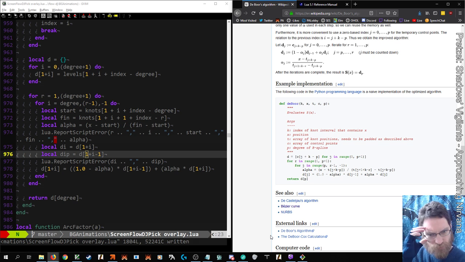But the original setup, 1 to p plus 1, degree to r minus 1 by minus 1, did not calculate a negative 1. Maybe p has to be at least 2.